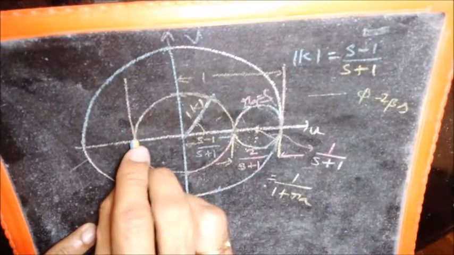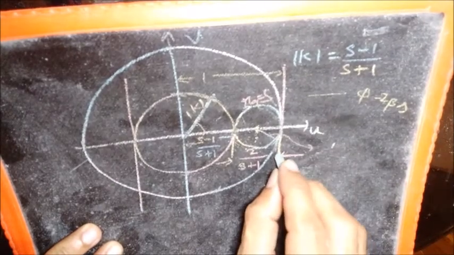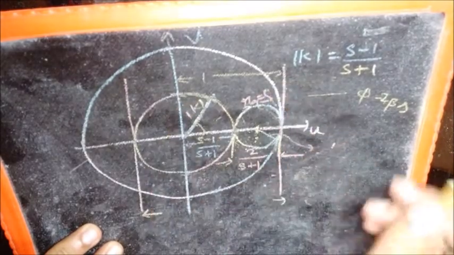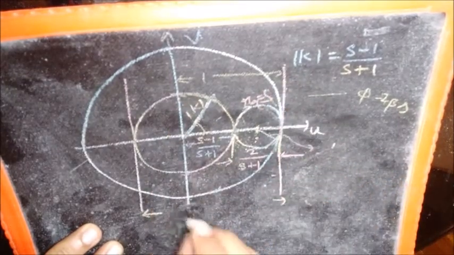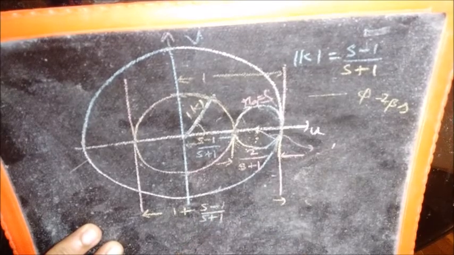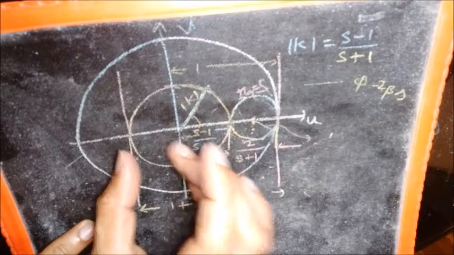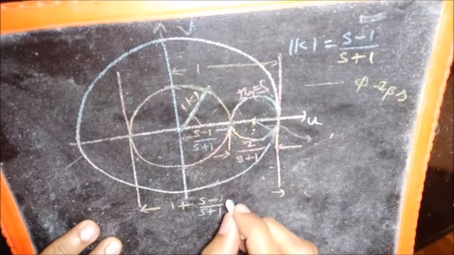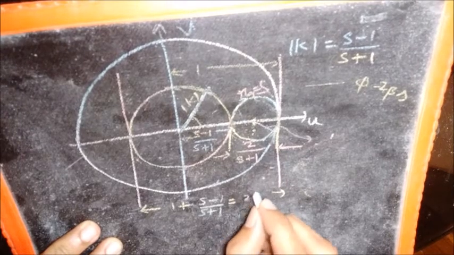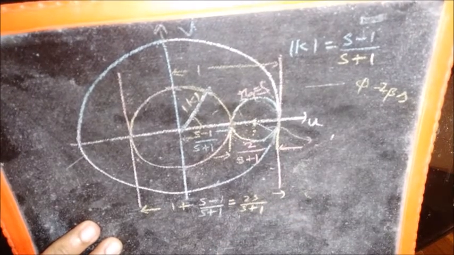So this as a whole will be 1 plus S minus 1 by S plus 1, because this is 1 and the radius of this circle is S minus 1 by S plus 1. And that gives us 2S divided by S plus 1.